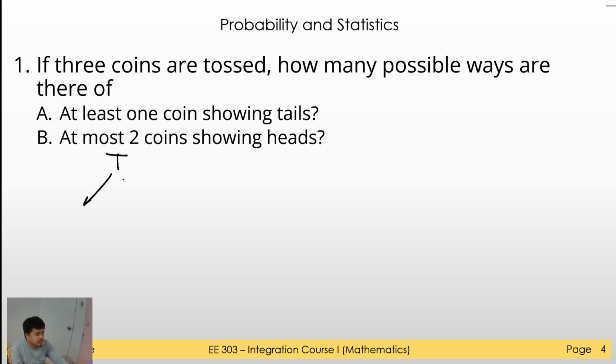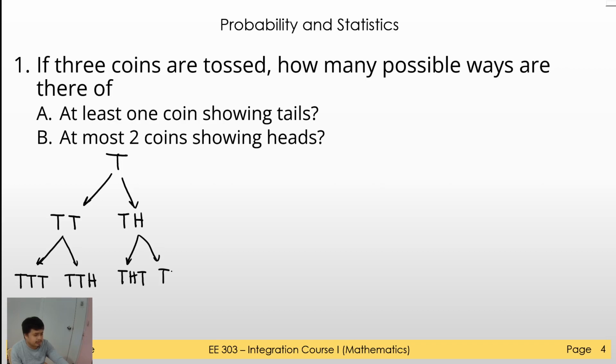After we toss another coin, it can either be a tail again, so 2 tails, or a tail and a head. For the third coin, if we toss it again, let's say it becomes 3 tails. For the other case, it could be tails, tails, and a head. Then it might also be tail and 2 heads.